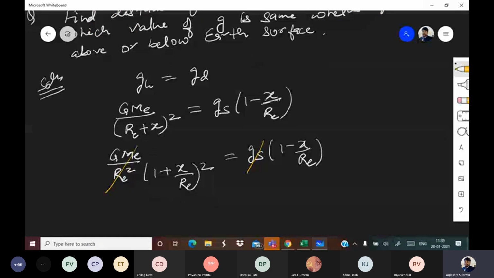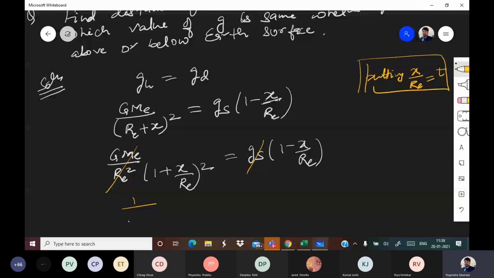The next thing which I am doing is I am putting X upon RE is equal to T. So what I have is 1 upon 1 plus T whole square is equal to 1 minus T.